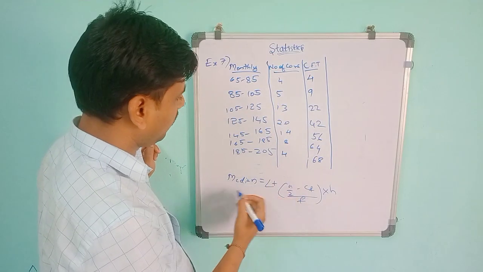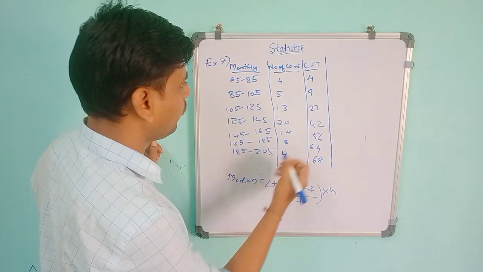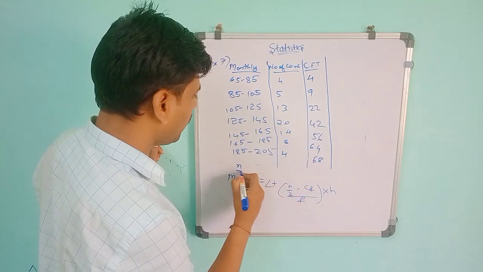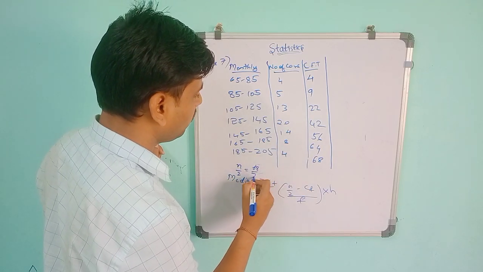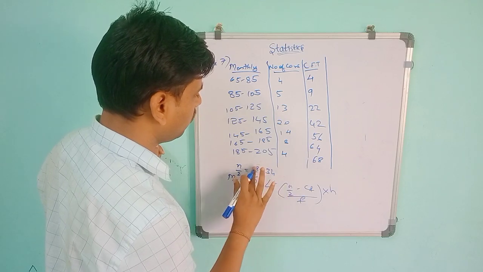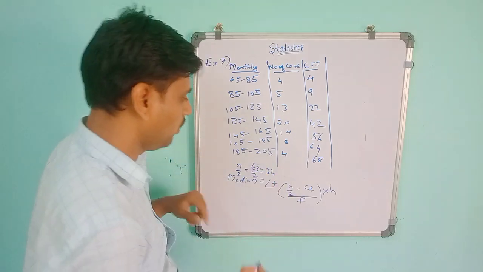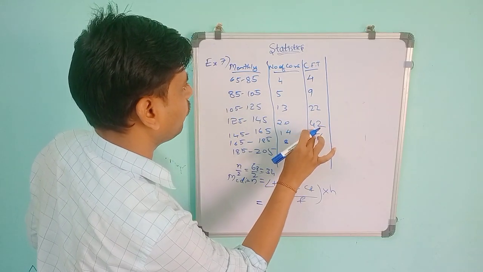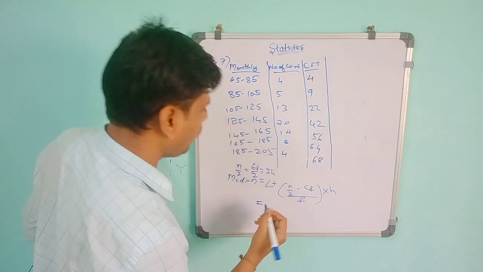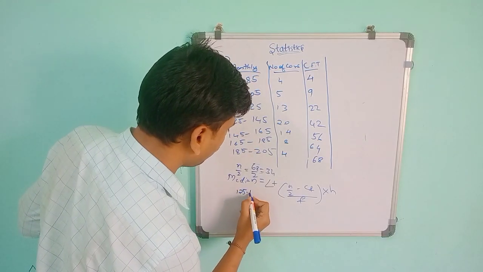Then the next formula, median. To find the median class, first find n by 2. Since n is 68, n by 2 is 34. So 34 lies in the fourth row, that is 125 to 145.